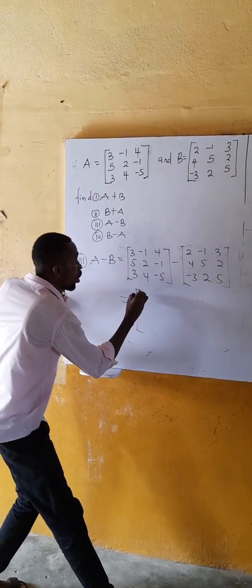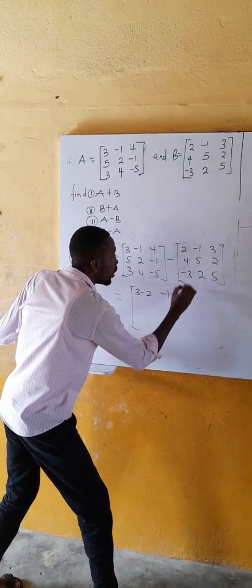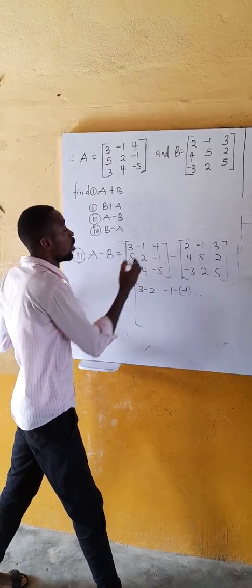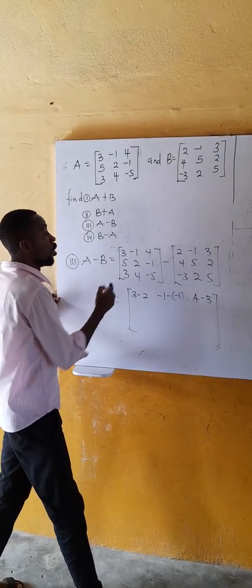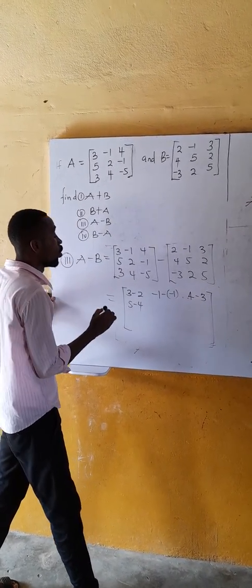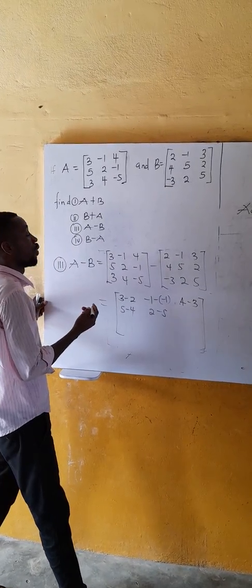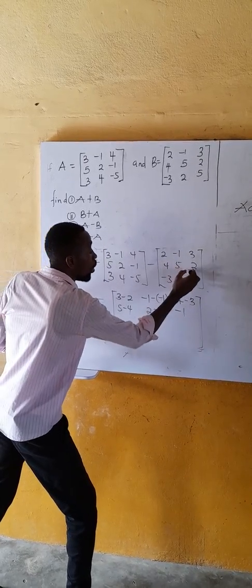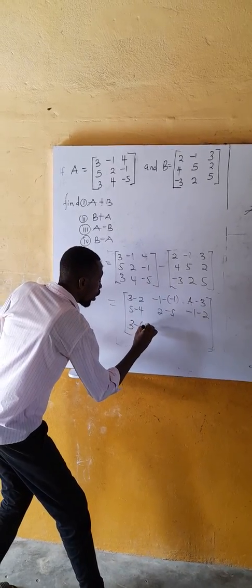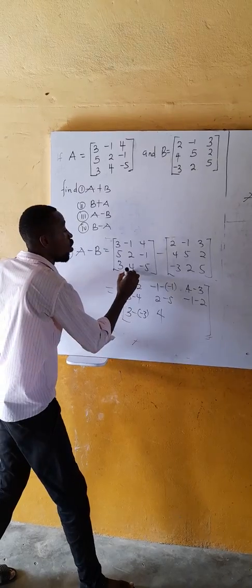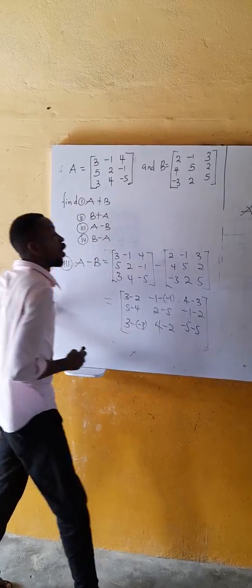So we go: 3 minus 2, then negative 1 minus this negative 1, then 4 minus 3. Then we have 5 minus 4, 2 minus 5, then negative 1 minus this 2. We have 3 minus negative 3, 4 minus 2, then negative 5 minus 5.